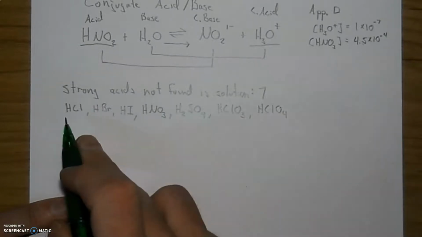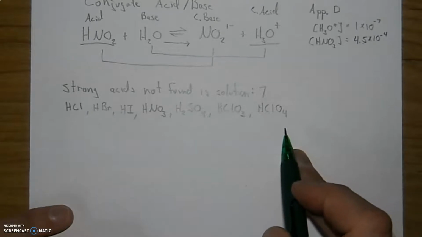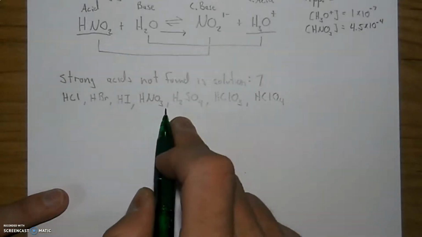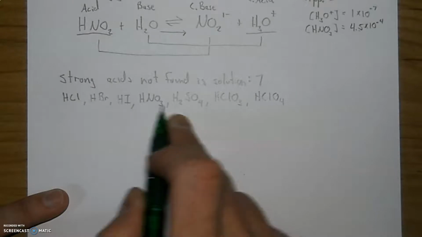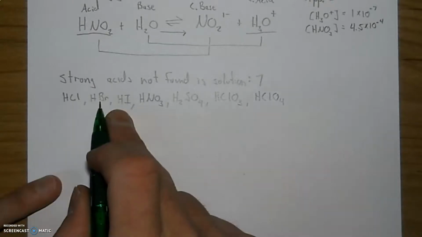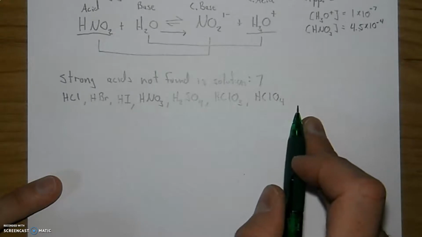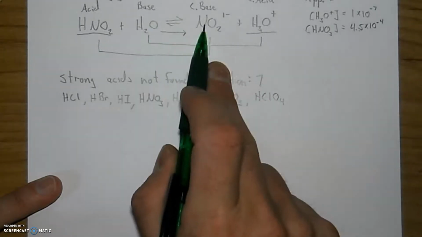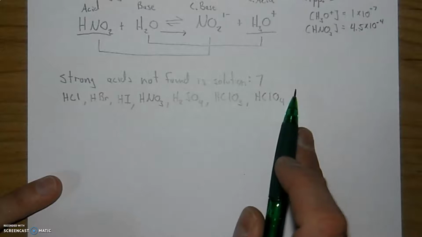So these 7 acids all act as very strong acids, and when these go into solution, they will all go completely to products. They will not form an equilibrium. They will all go completely to products.